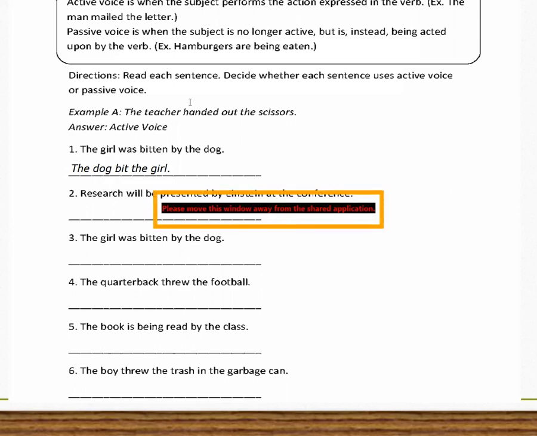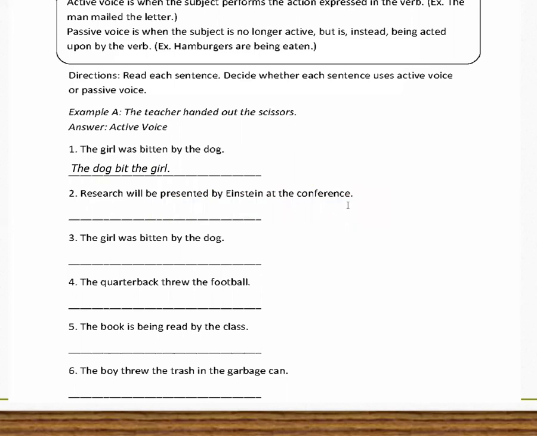Research will be presented by Einstein at the conference. Which sentence is this? This sentence is passive. The second one is also passive because here we are using by and the object is first. So let us change it into active. By Einstein at the conference, there are double objects. There is Einstein and at the conference. These are two different things.